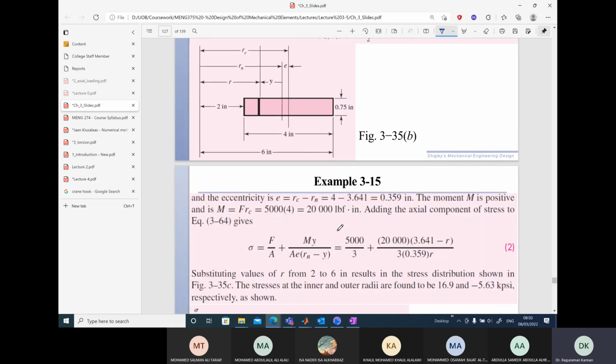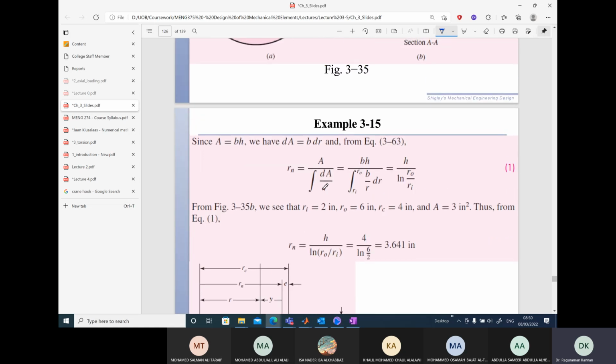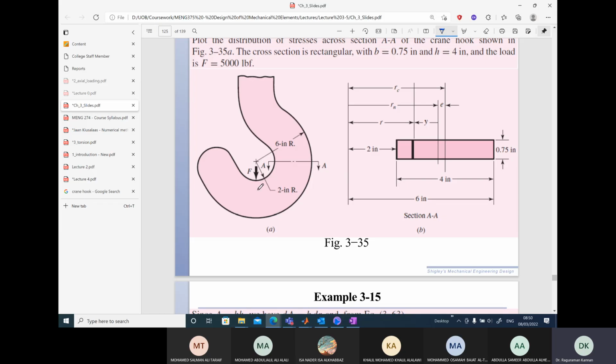Again, I'm not going to go through the method by which the stress is calculated. The only thing you need to be aware of is because of this force here, if you make a cut right in this region, you will also have an axial stress because of the force.